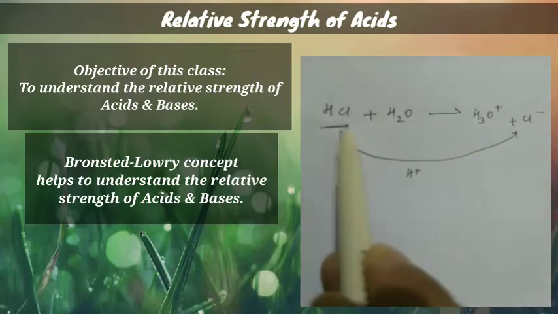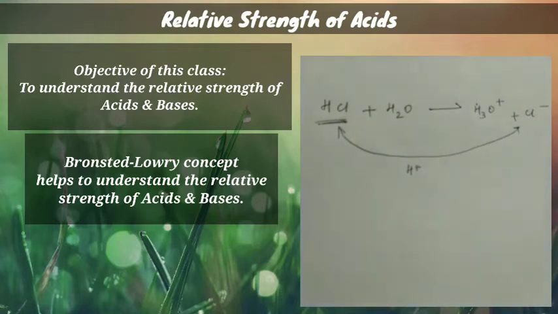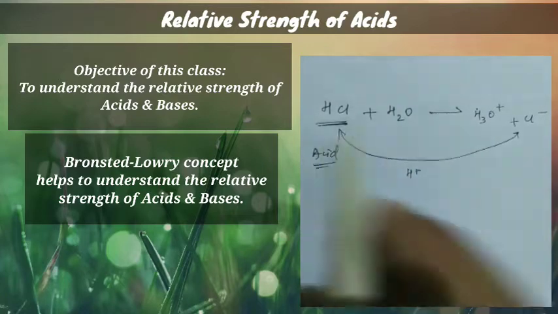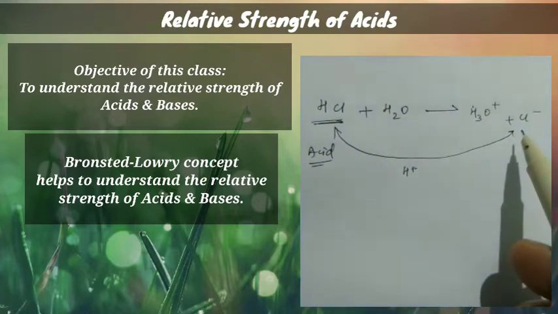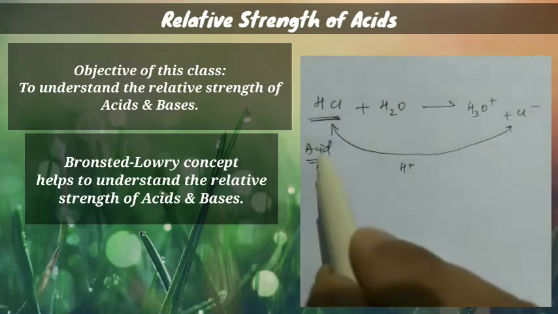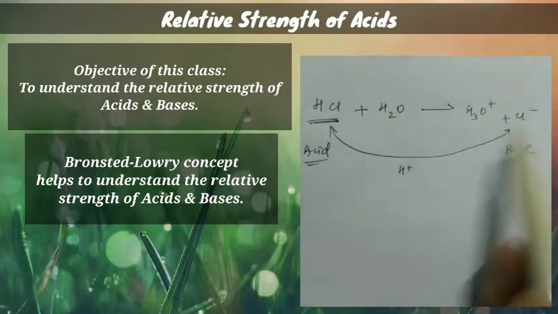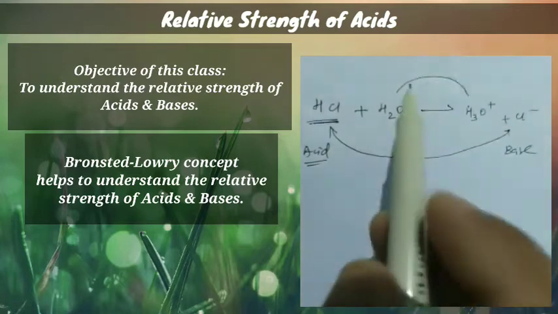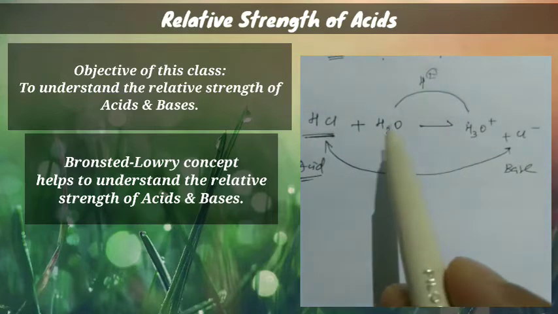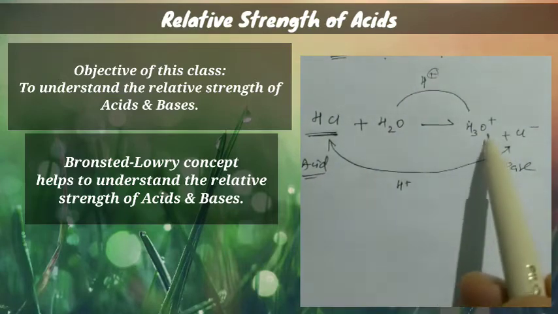Since this one is an acid, it can donate a proton, no? The conjugated part is known as what? Since this one is an acid, its conjugate will be the base. So that means a conjugate acid and base. Similarly, in this case also they are related by H+ ion. When H+ ion is accepted by water, it forms H3O+, the hydronium ion.